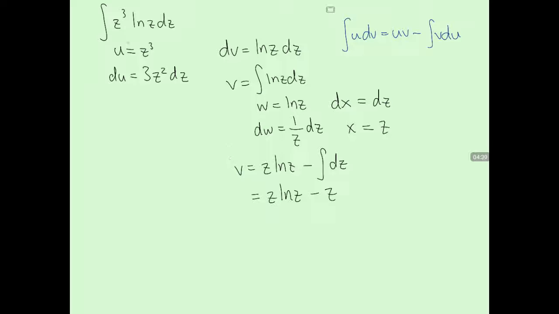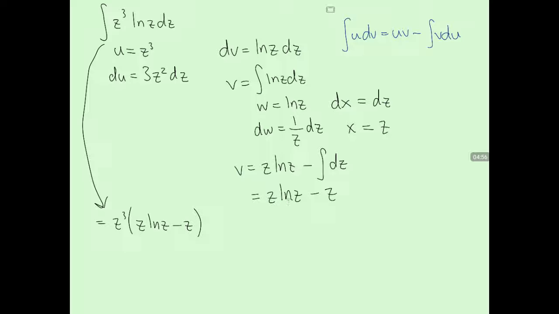So now that we have our uv and our du, we can go back finally to our original integral and do our substitutions. So we're going to integrate by parts. We're going to multiply u and v together. So what we are going to get is z cubed times (z ln z minus z).